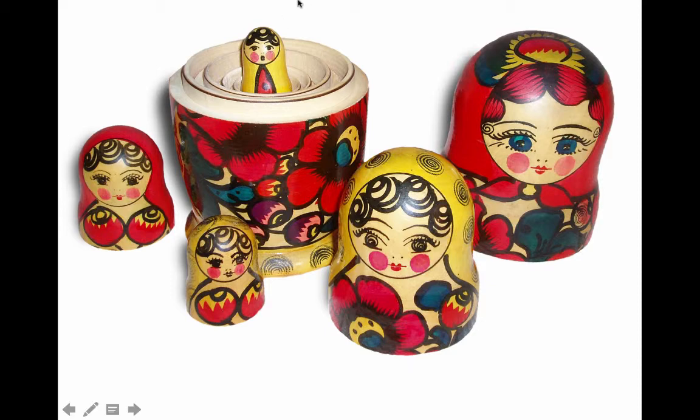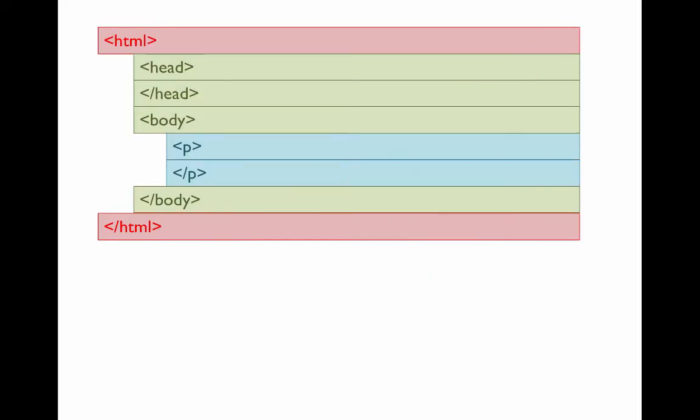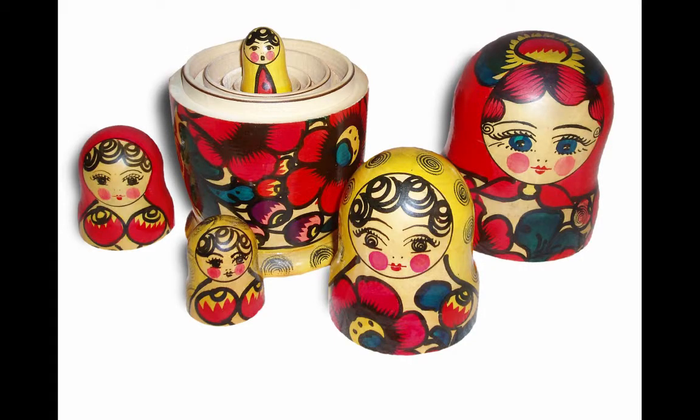Russian dolls have the top parts and the bottom parts, and the top parts are like the start tag and the bottom parts are like the end tag, and everything needs to fit very neatly within one another. If you break any kind of rules, like, okay, I'm starting my P tag within body, that means I need to close it within body, or I'm going to create a hierarchical catastrophe. Can't do it. HTML gets upset.